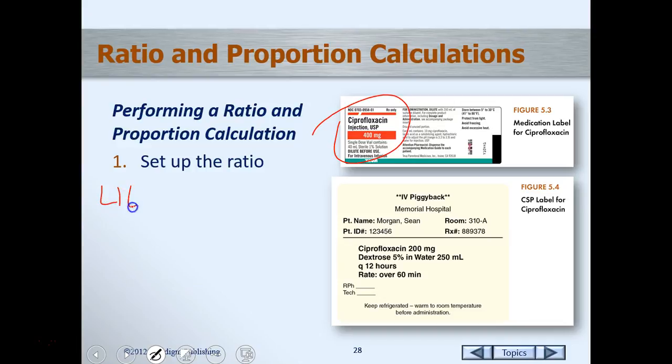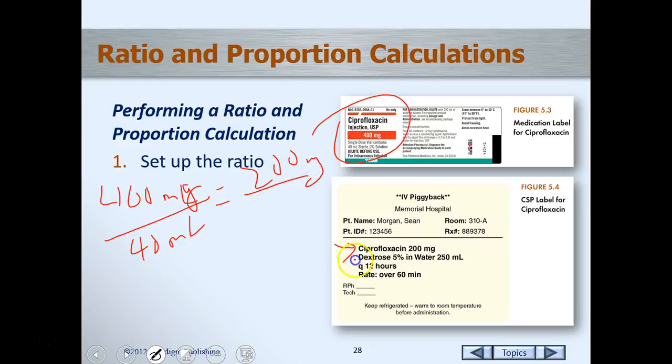So I have 400 milligrams and 40 milliliters. Then I have to decide, okay, now I know what I want. Oops, that should be milligrams. I need to see my order is for 200. Now you know that I'm only concerned with the drug. I don't want to worry about my base solution yet.